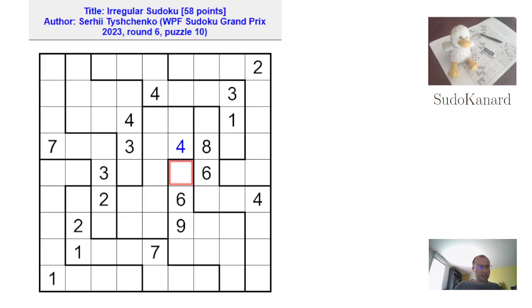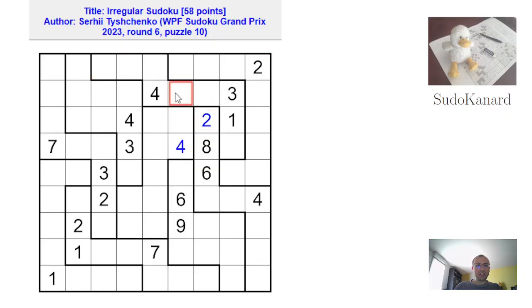So what about finding where it could be useful to look? Yes, this 2 is not here. It's not here, so inside this region 2 has to be here. That's good, I think. What about this region? 2 is not here.